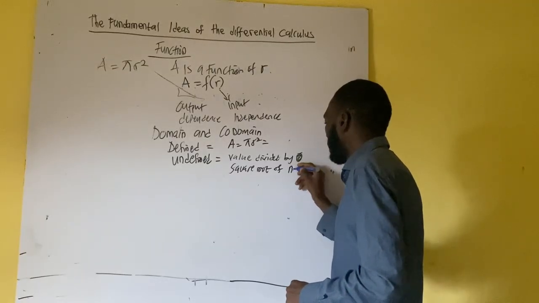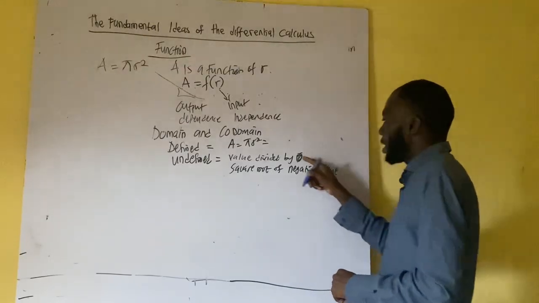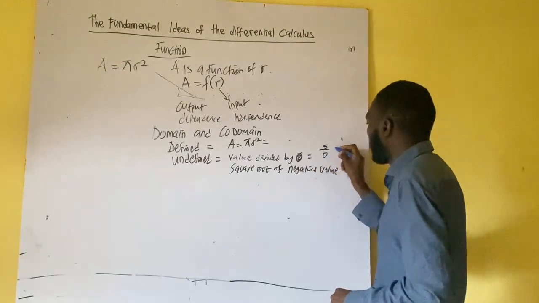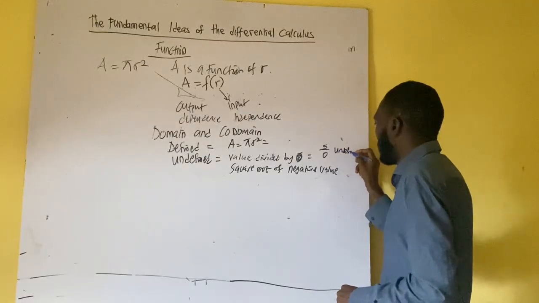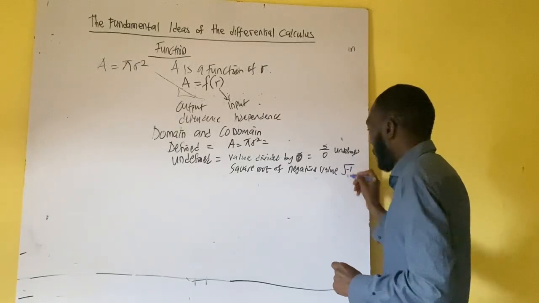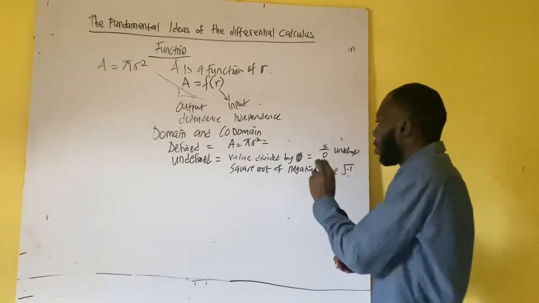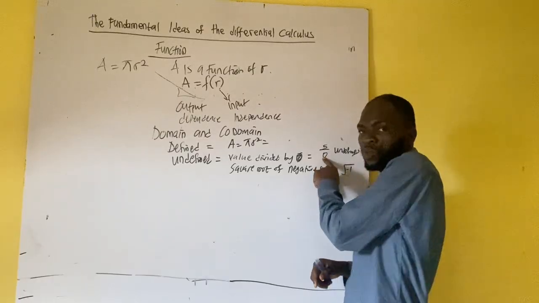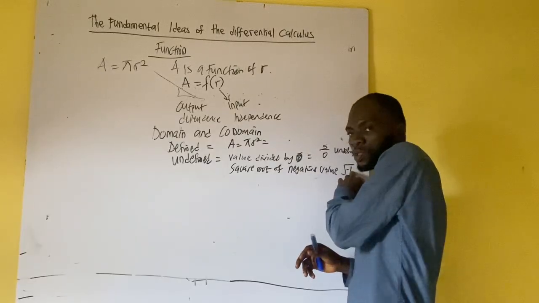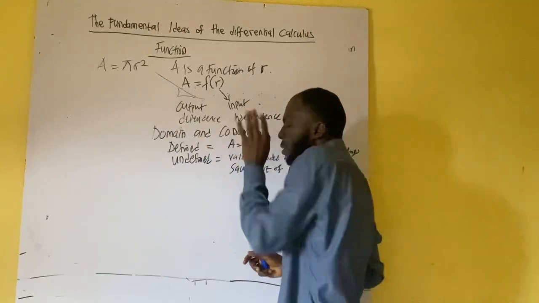For example, if I have 5 divided by 0, this will be undefined. If I have the square root of any negative value, let's say -1, it is undefined. So any condition that will make it have division by 0 is undefined. Any condition that will make it have a negative square root is undefined. Do you get?